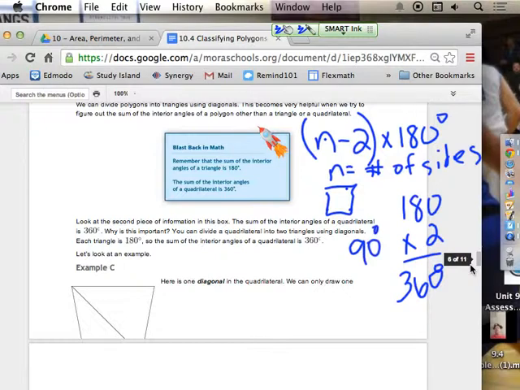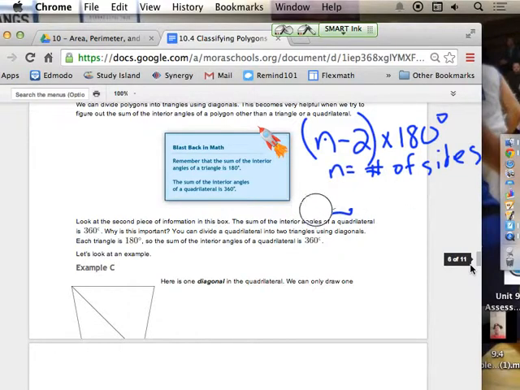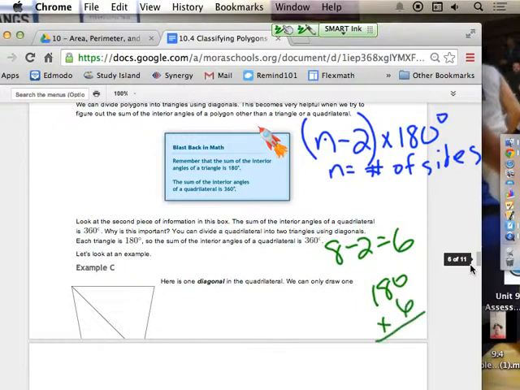Okay? One more. If I had an 8-sided figure, a stop sign, well, I could put it in there. 8 sides. 8 minus 2 equals 6. Now I take 180 times 6, which is 1,080. Ooh, there's 1,080 degrees in every stop sign.